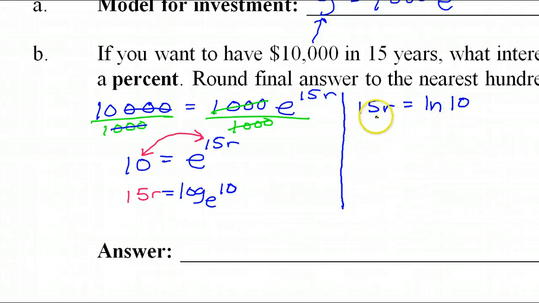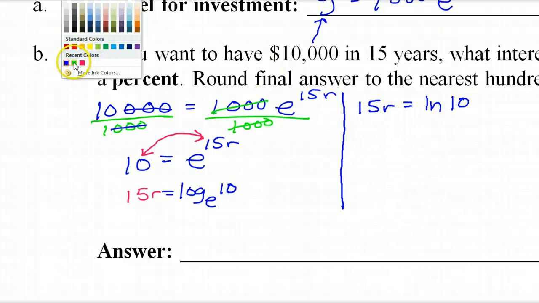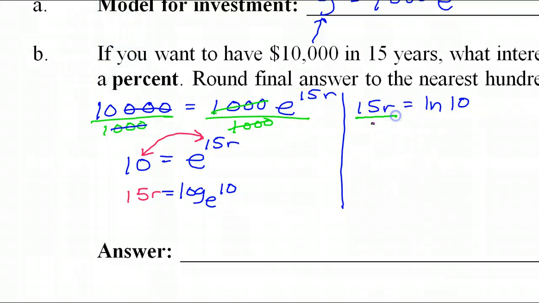We're trying to find the rate, so we're going to divide both sides by 15. Well, this is going to be the answer, so I might as well just put it down here.